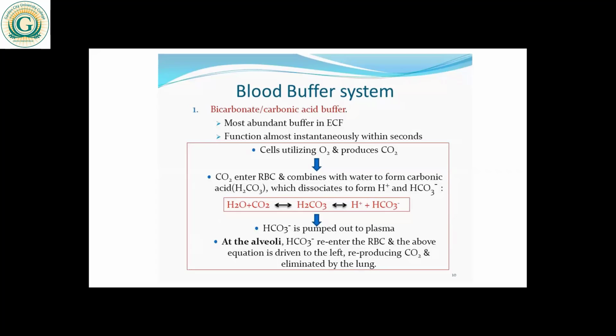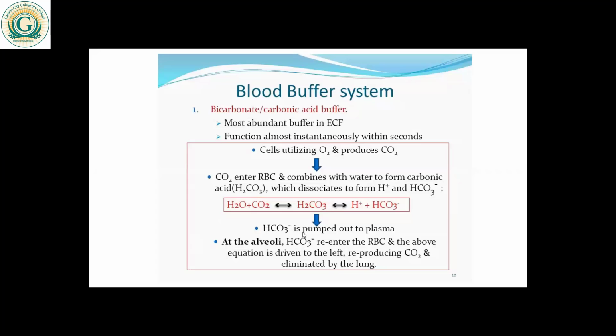How does this occur? When red blood cells pick up oxygen, the oxygen travels to tissues, and the cells use up the oxygen and produce carbon dioxide. This carbon dioxide enters red blood cells and combines with water to form carbonic acid, which will also dissociate or break down to form the bicarbonate ion and then the hydrogen ion.